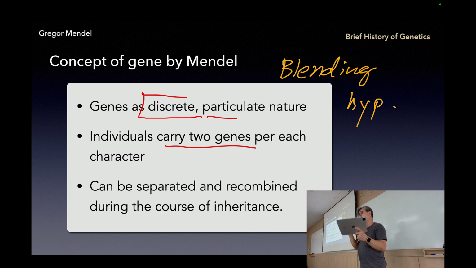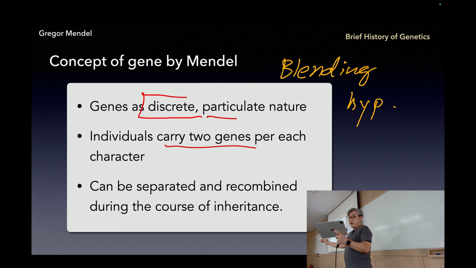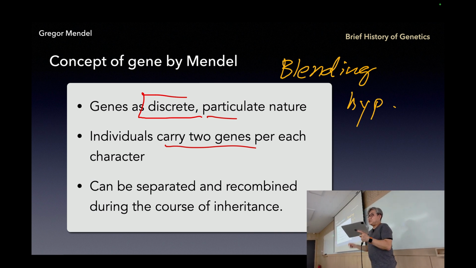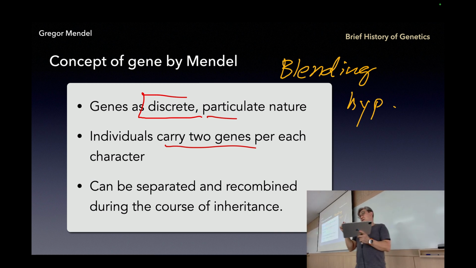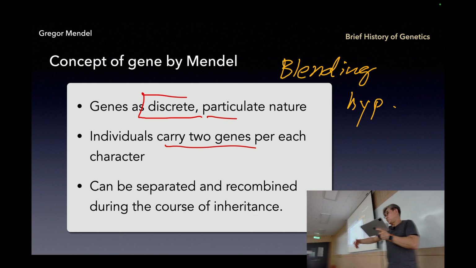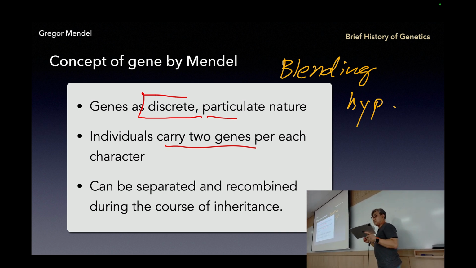Okay? Then what happens is these two combine and then separate throughout reproduction. These two genes can temporarily be separated and then recombine, okay, during the course of reproduction.